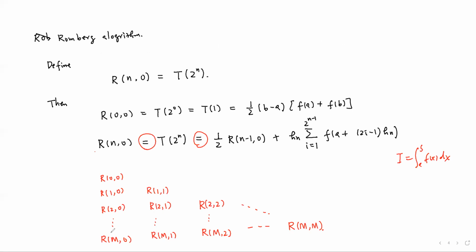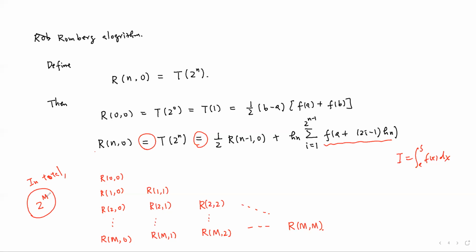Okay. The first column entries involve the evaluation of function values. In total, from R00 to Rm0, how many function values do we need to evaluate? 2 to the power m, so many. So m cannot be too large.